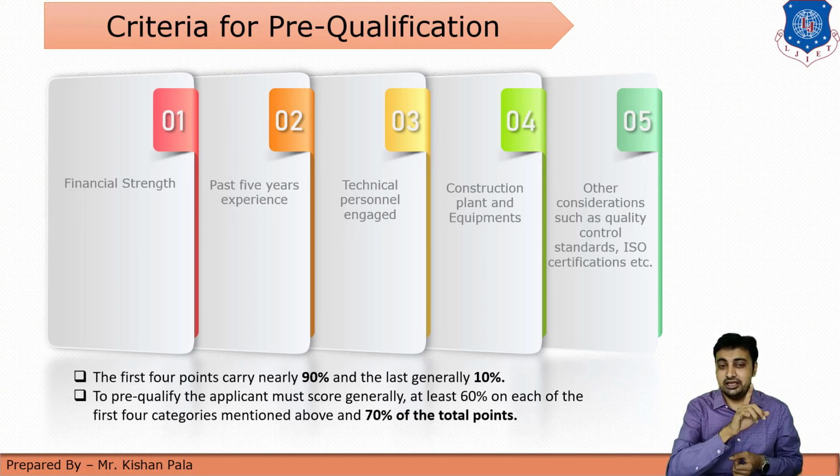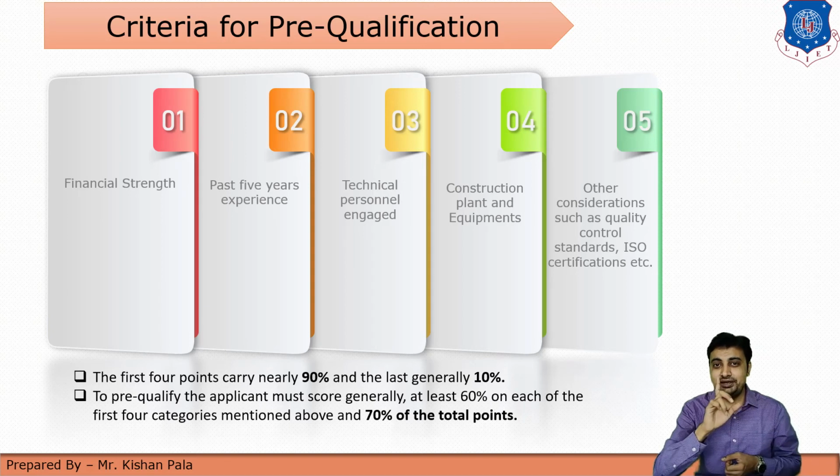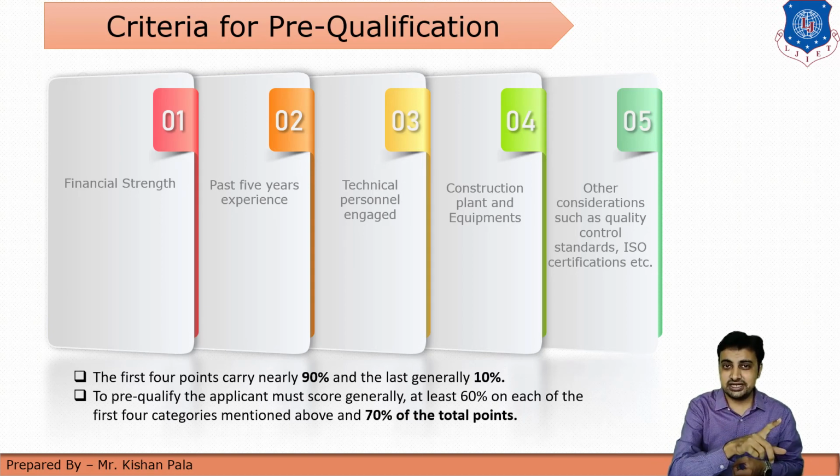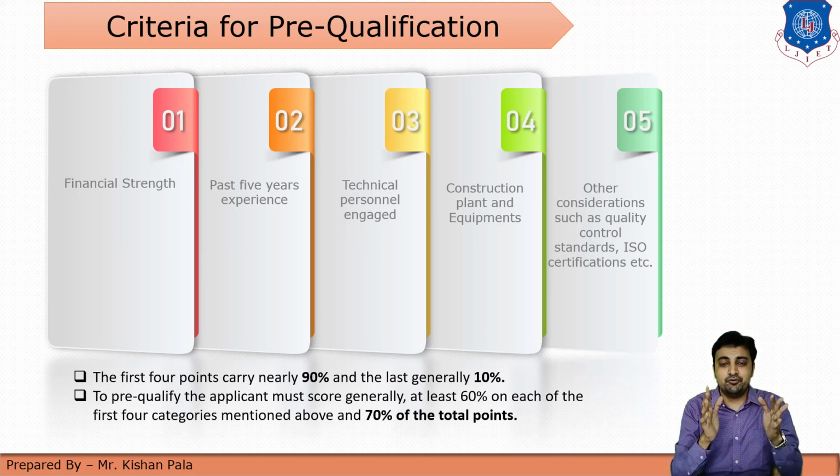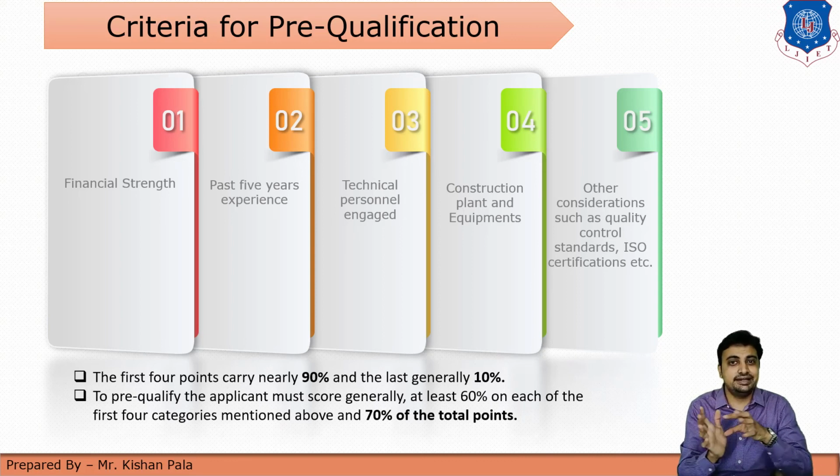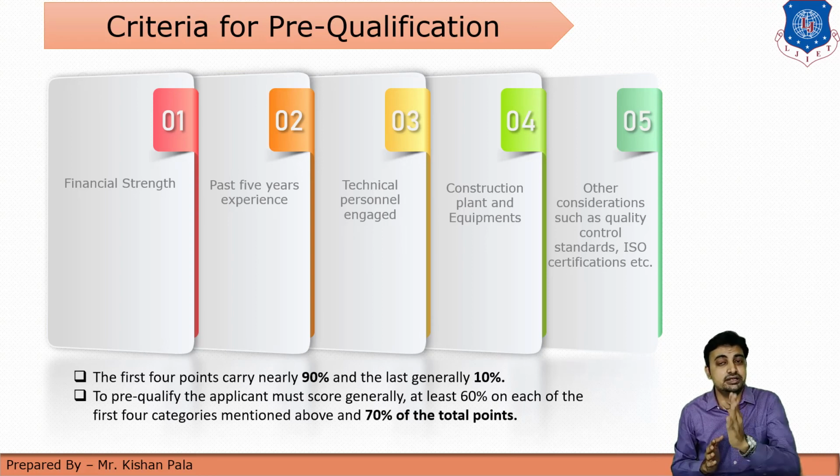Here you can see point number 1 to point number 4: financial strength, past 5 years experience, technical personnel engaged, and construction plant and equipment. These 4 points are reserved for 90 percent. And the last one, other considerations such as quality control and ISO certificates, is reserved for 10 percent.